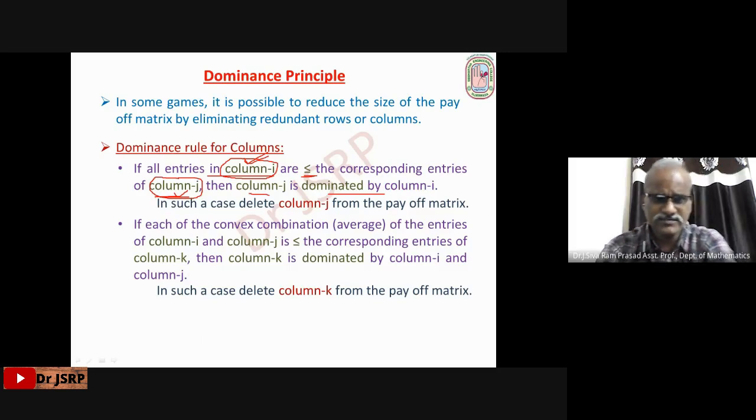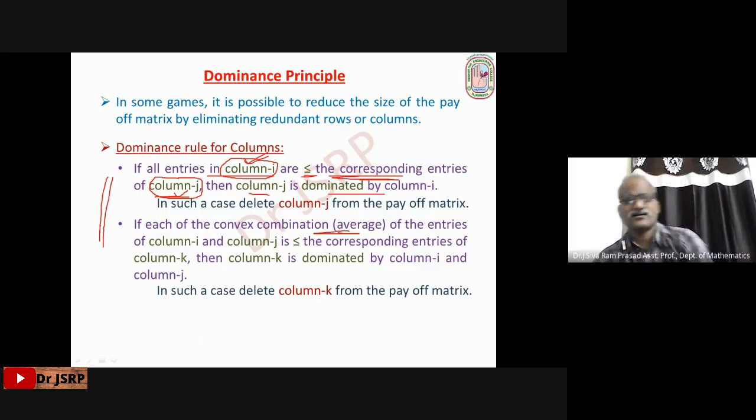Remember, in comparing columns, we eliminate the column with higher payoffs. Similarly, in comparing the average of two columns with another column, the third column's entries should be higher. This is the way to reduce the size of the game using the dominance principle.